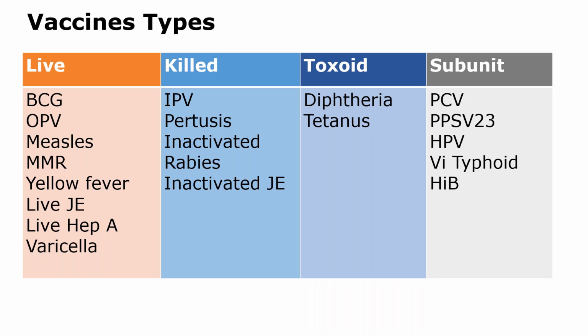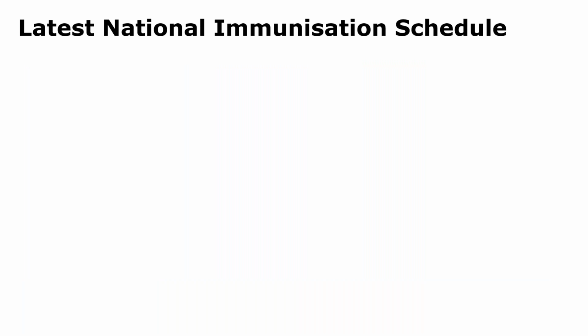The toxoid vaccines include the diphtheria and the tetanus toxoids. The subunit vaccines are the pneumococcal conjugate vaccine, the pneumococcal polysaccharide vaccine, the human papillomavirus vaccine, Vi typhoid vaccine, and the HIV vaccines. So these are basically some of the examples of different types of vaccines that are currently available.